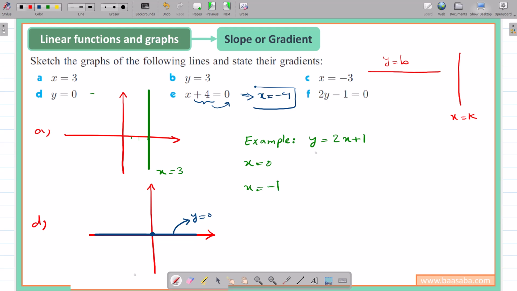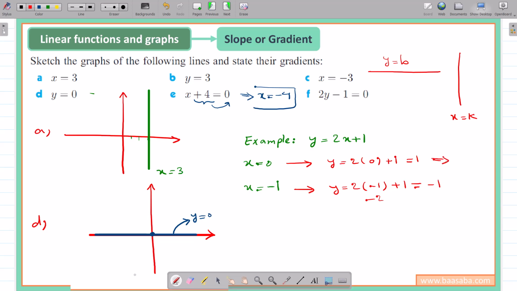Then we have to find the value of y for this value of x. So if x is 0, y will be 2 times 0 plus 1, which is 1. If x is negative 1, y will be 2 times negative 1 plus 1. I'm going to substitute x in this equation with these values. Okay, 2 times negative 1 is negative 2, plus 1 is negative 1.